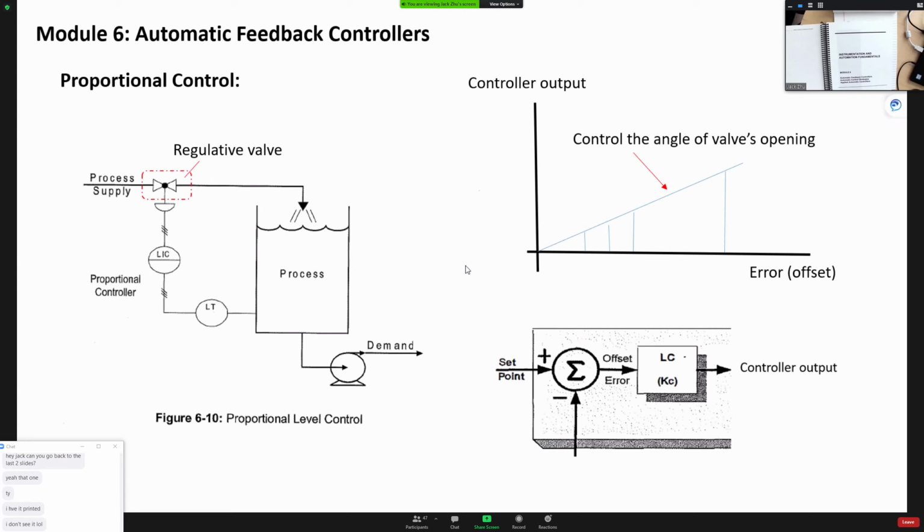Okay, so this valve is not like the one in on-off control, which can only be open or closed. This valve can be gradually opened to a certain degree.